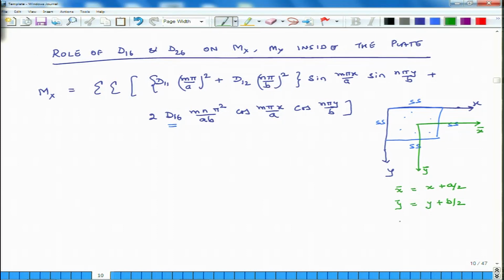Or you can say that x is equal to x bar minus a over 2 and y is equal to y bar minus b over 2. So, we do this transformation.